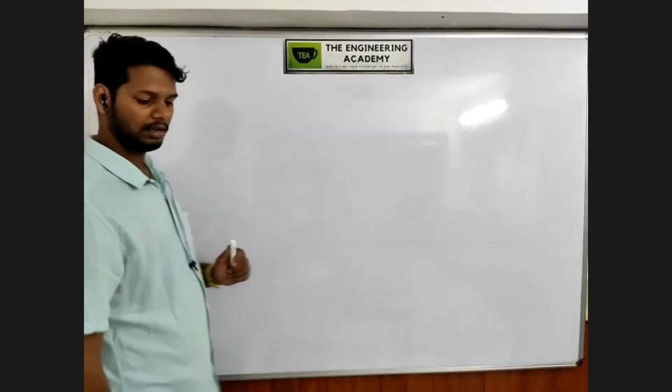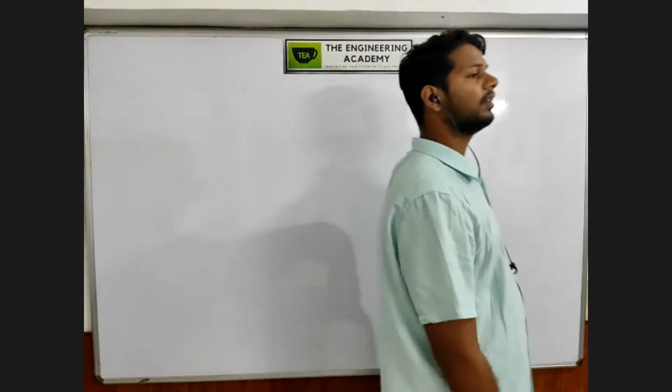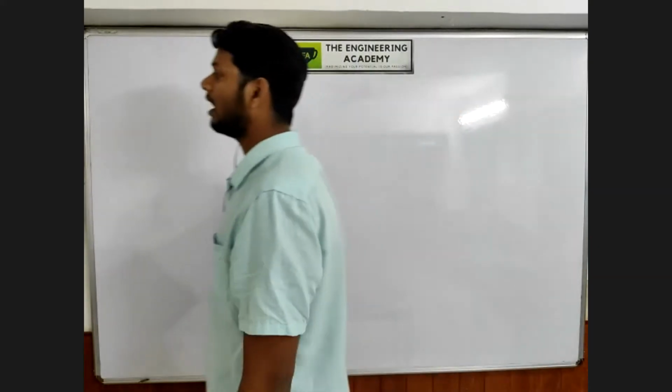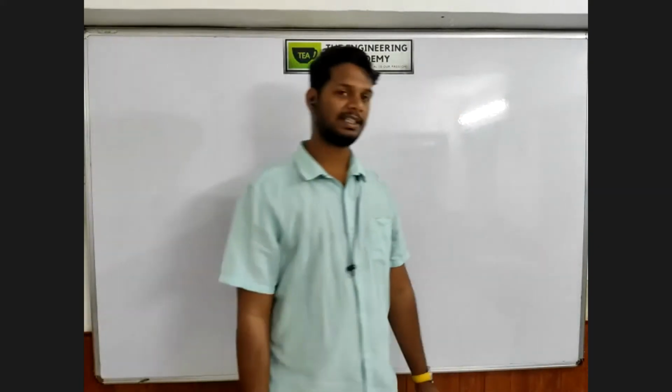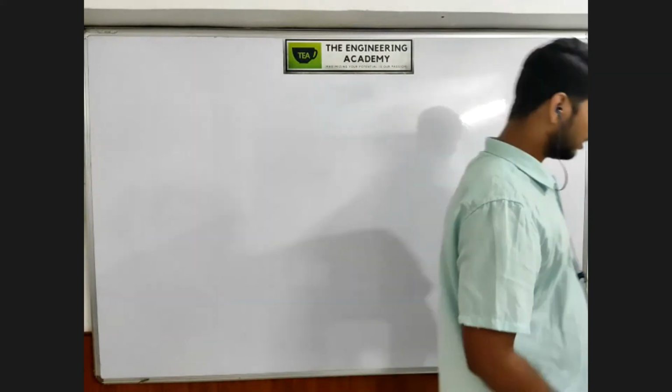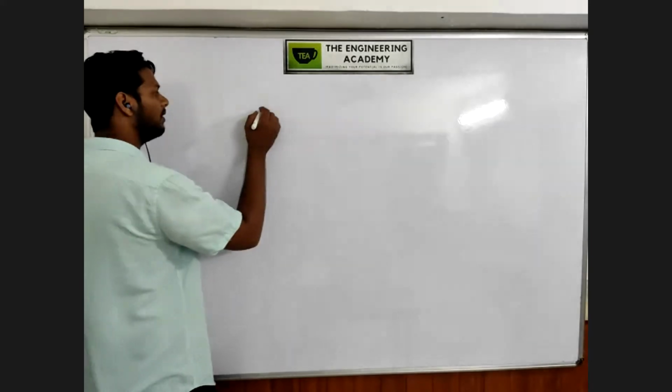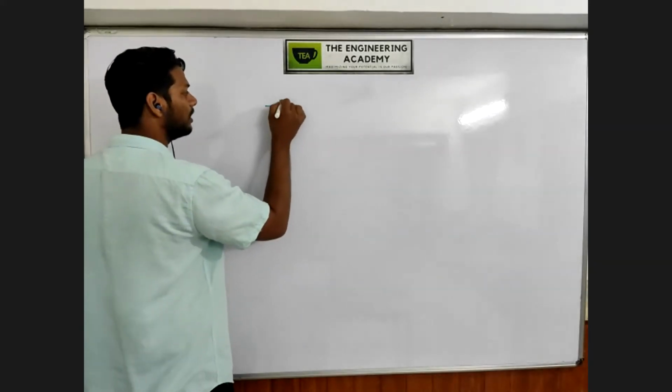I will dictate the question. Coil span to eliminate seventh harmonic. What will be the coil span to eliminate seventh harmonic? Which harmonic do we have to eliminate? Seventh harmonic.